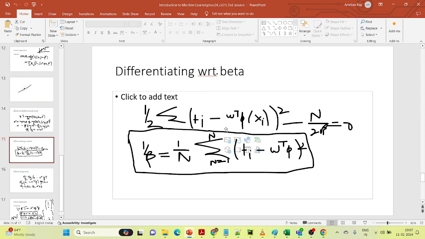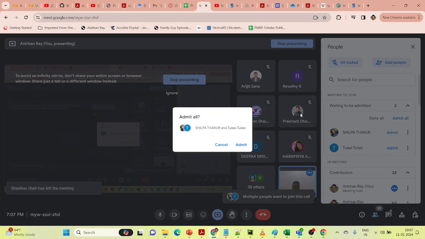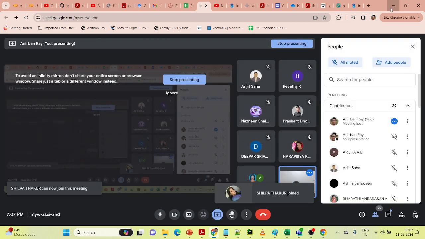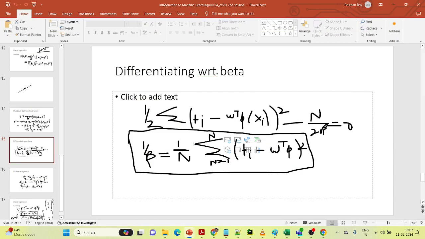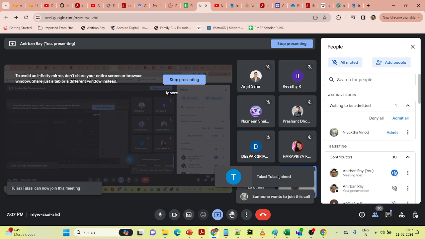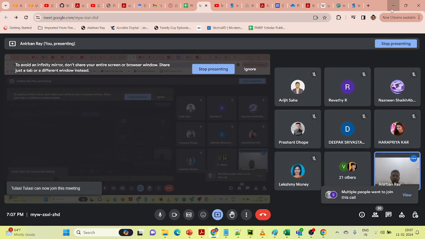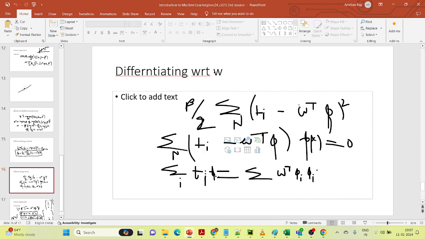Differentiating with respect to beta and putting that equal to 0, we get the value of beta to maximize the likelihood, and for w, here also we differentiate and we get this expression.